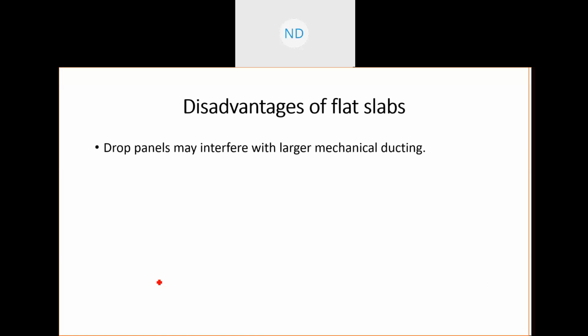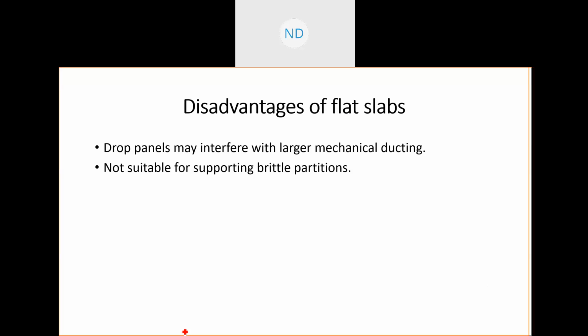Drop panels may interfere with larger mechanical ducting as well, because in parking slots or somewhere, there will be pipes or mechanical working instruments along the walls or slabs, the lightning wires, etc. So that may be hindered to some extent, when there are larger mechanical works. And the next one is that it is not suitable for supporting brittle partitions.